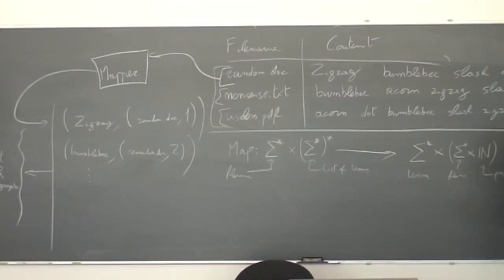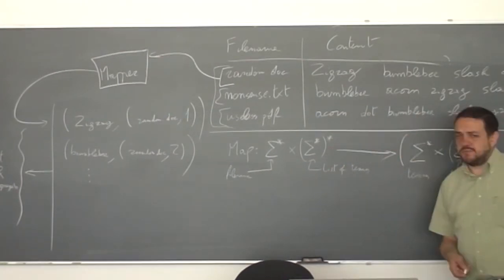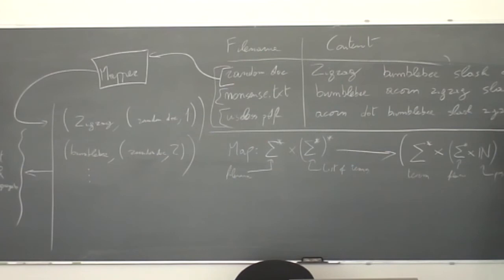Of course, here the mapper will output the whole sequence of these. So this is the prototype of the mapper. It receives as an input a file name and the terms contained in the file, and it outputs a list of terms, each term associated to the file name and the position of the term within the file.